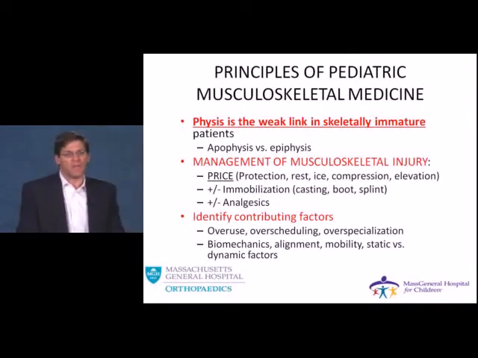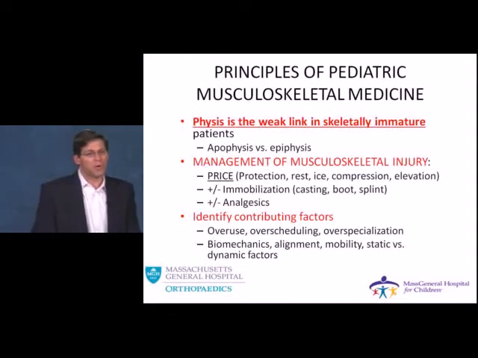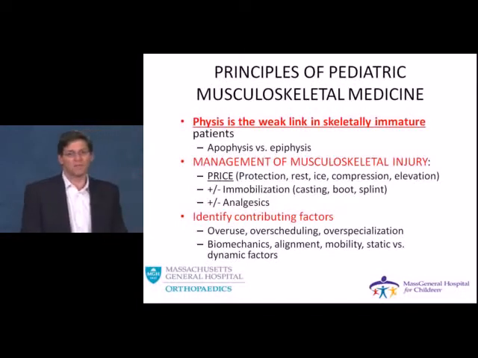When we start with the end, and that is management of the musculoskeletal injury, we start with the very basics of PRICE: protection, rest, ice, compression, and elevation. Protection includes immobilization or lack thereof. In addition, you can consider analgesics to be a part of protection.